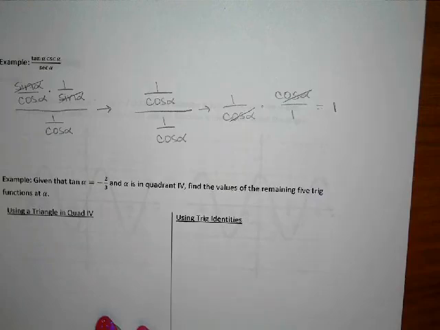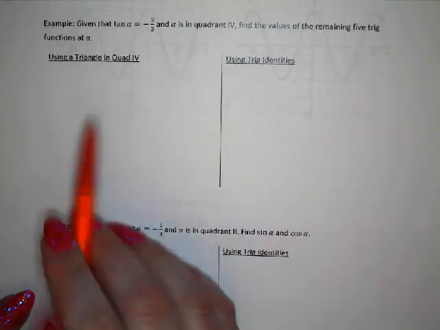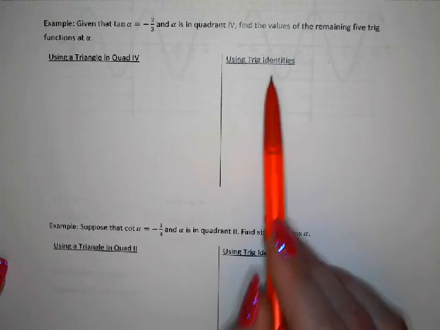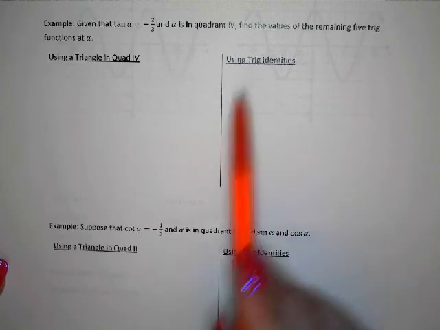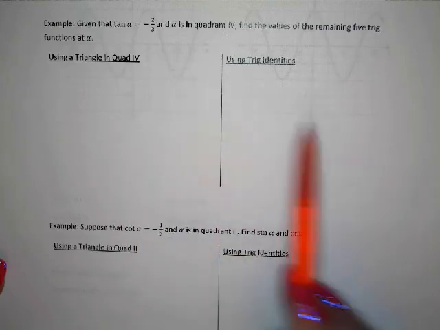All right, for these next type of problems, there's 2 ways that we can do them. We can do them by using a triangle, drawing a triangle in the correct quadrant, or we can use a trig identity. And what I'm going to do is present both ways to you, and then when you approach these problems on My Math Lab, you can do either method.